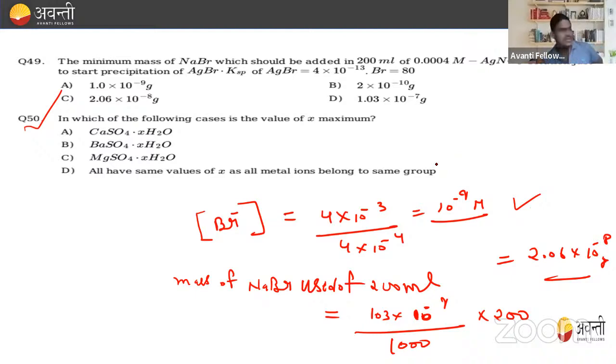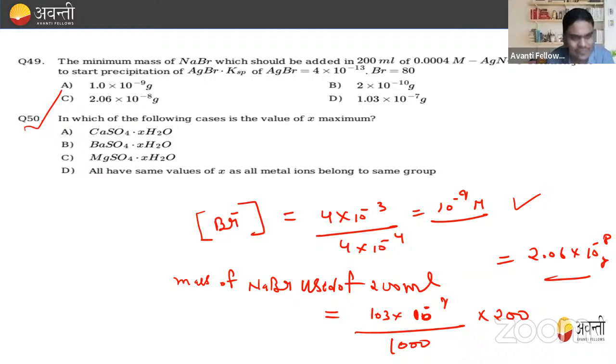Just take some water, and try to find it out. Okay, beta. So in which of the following cases is the value of x maximum? So you have to identify the maximum value.